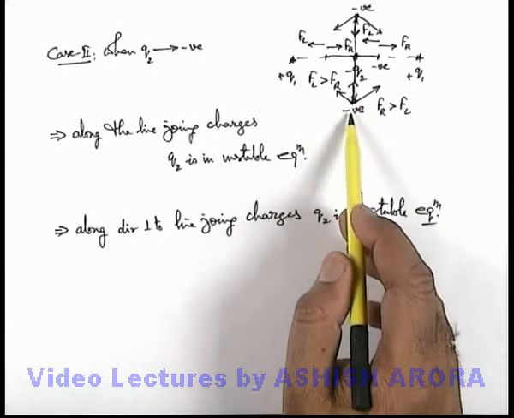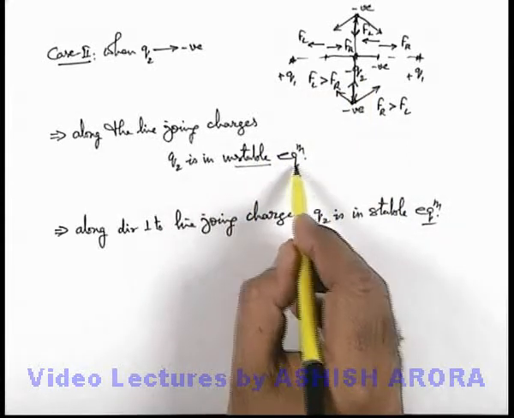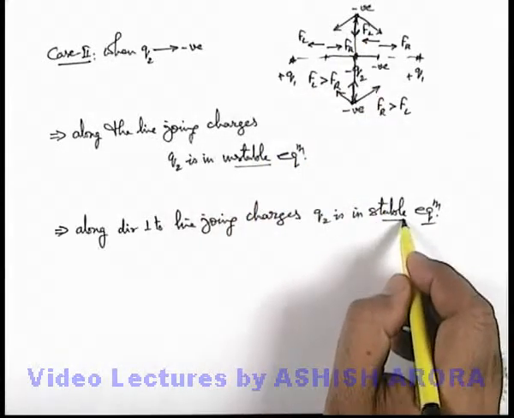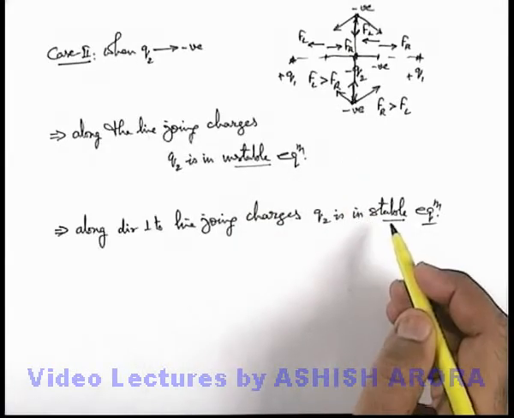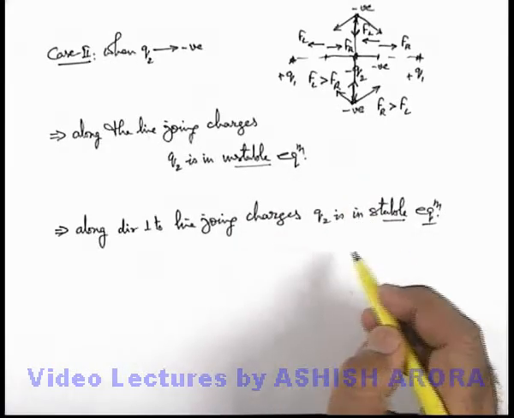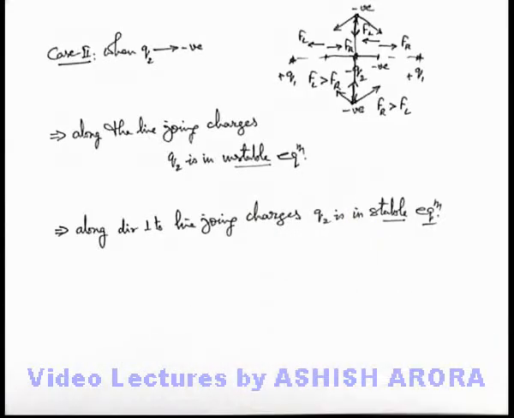Now as it is negative, along the line joining it is in unstable equilibrium and perpendicular to the line joining it is in stable equilibrium. This concept is again very useful in various kinds of problems. So take a strong review of such small concepts, which are quite helpful for you.